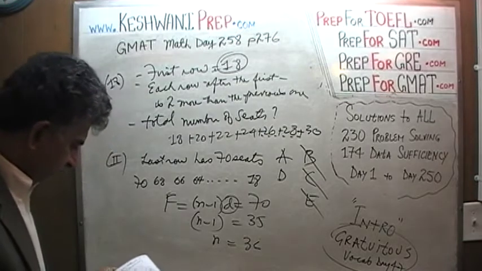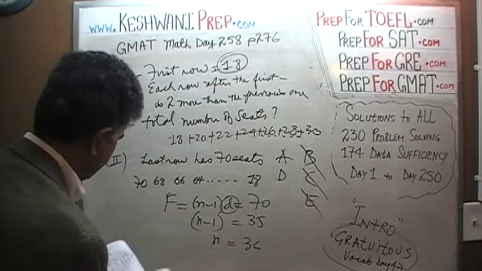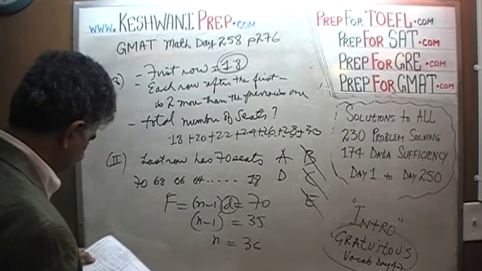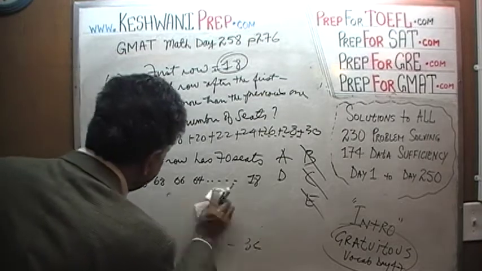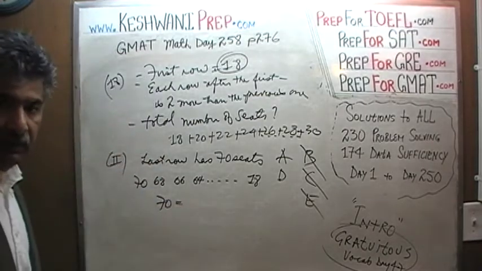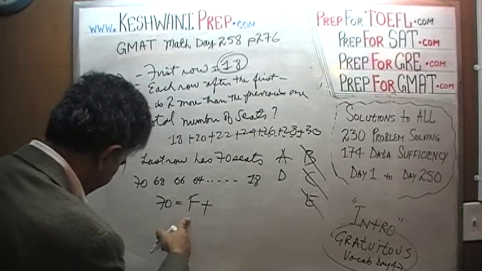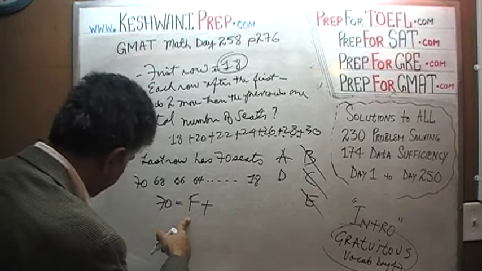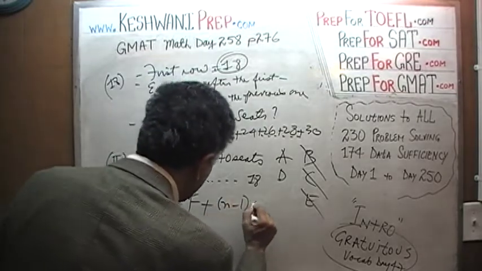Why am I getting 36? What did I make a mistake here? Oh, the last row, which we are told is 70, is going to have f, the first row, not the final row, plus n minus 1 times d.